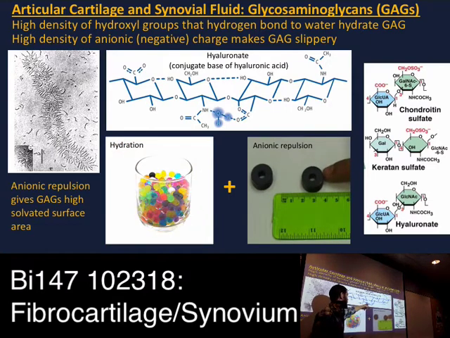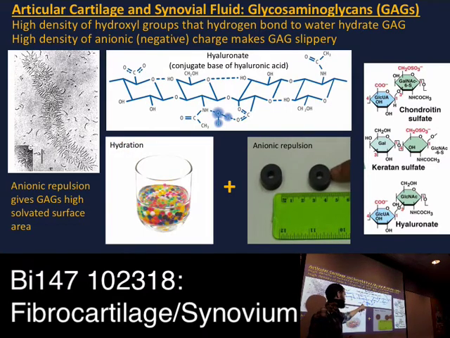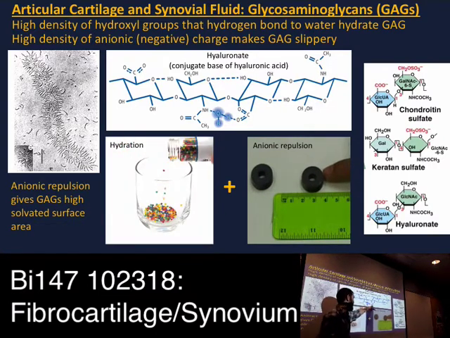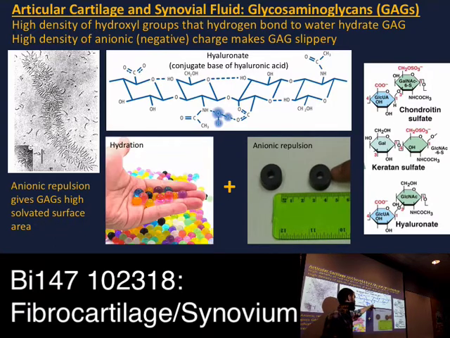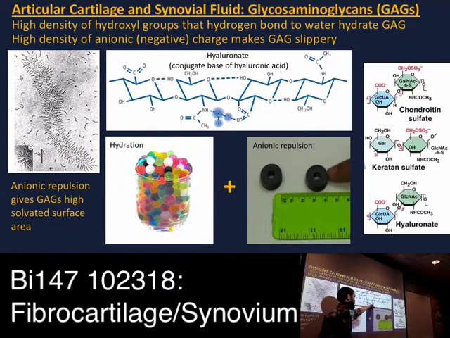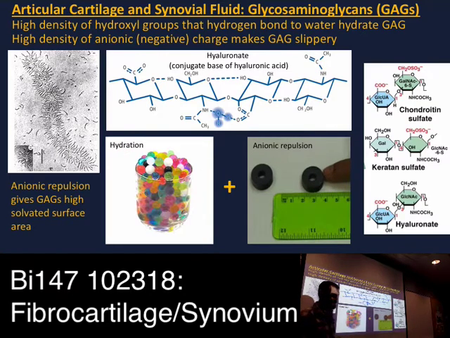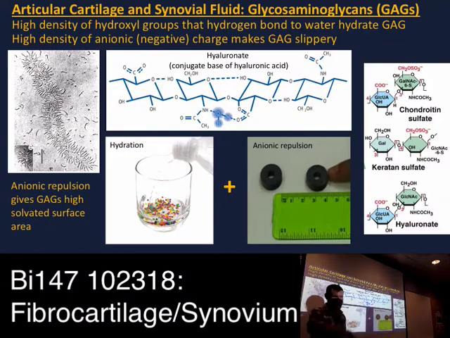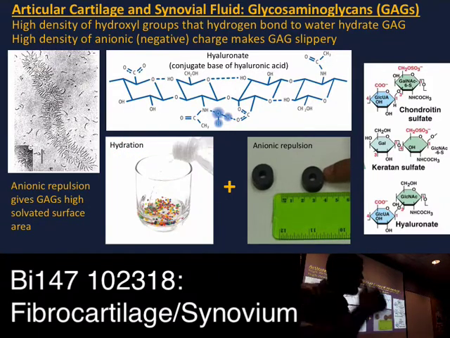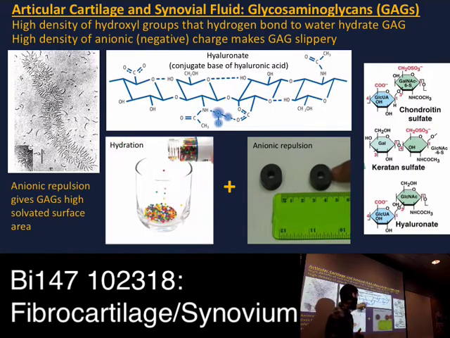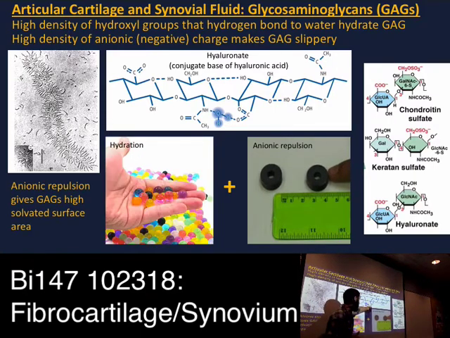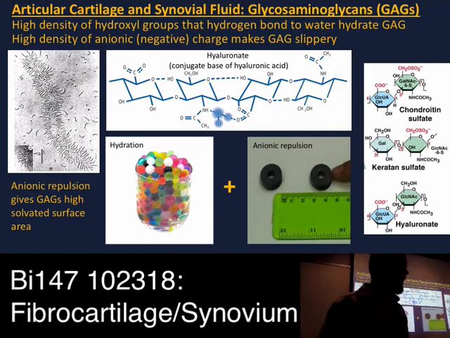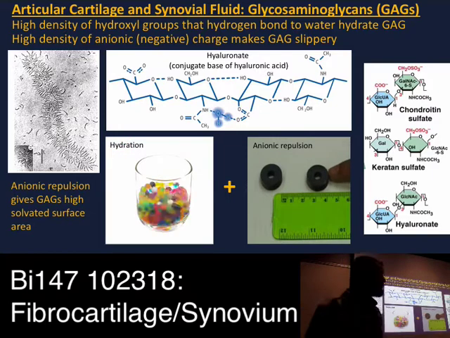Here's a water molecule between the N-acetyl group of the GlcNAc and the uronate group on the adjacent glucuronic acid. That was a lot of chemical words, but there are these two negative charges, and the water just slides right in there and gets held really tightly because this is a strong hydrogen bond. It's resonance stabilized on that carboxylate anion right there.